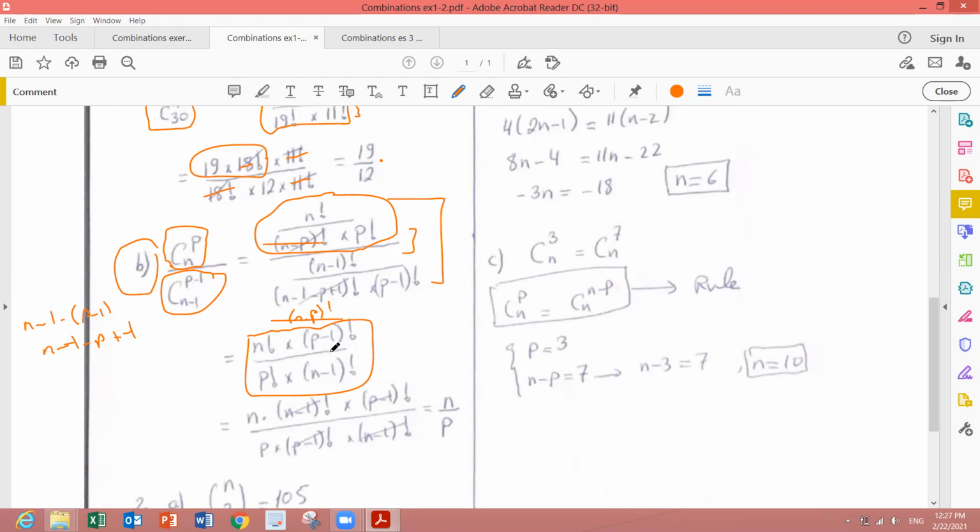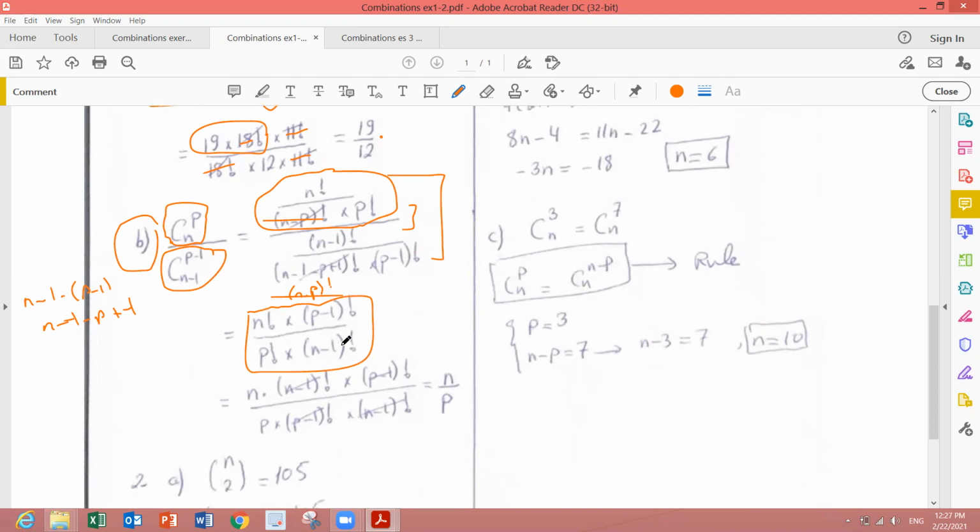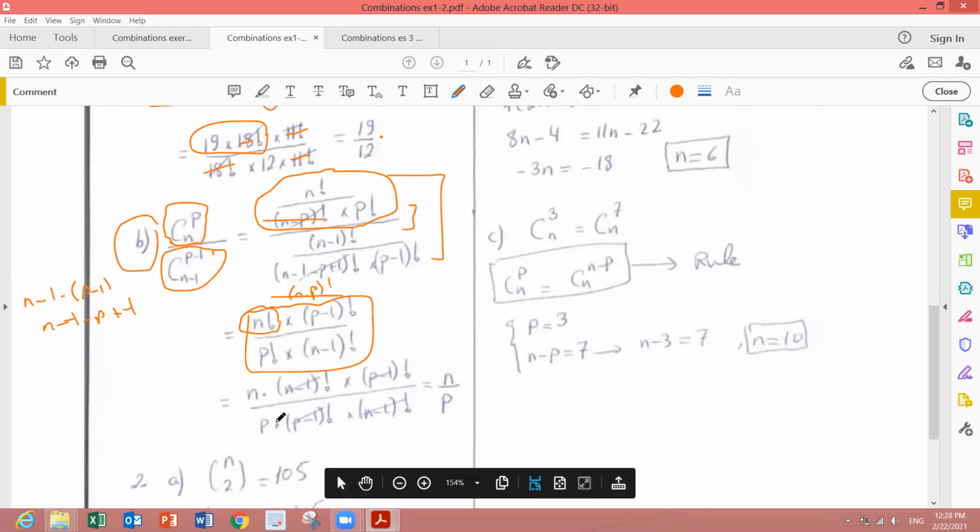P factorial with P minus 1 factorial could be simplified. So N factorial is N times N minus 1 factorial. El P factorial is P times P minus 1 factorial. N minus 1 factorial with N minus 1 factorial, P minus 1 factorial with P minus 1 factorial remains N over P.